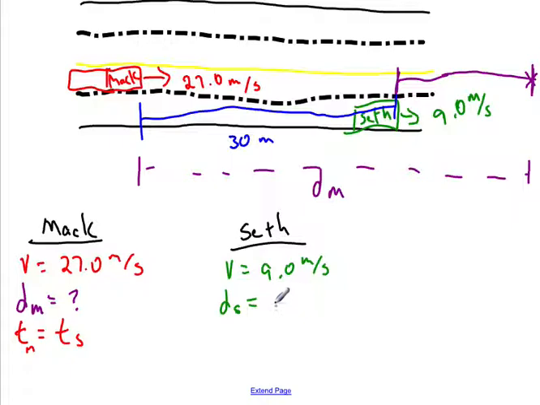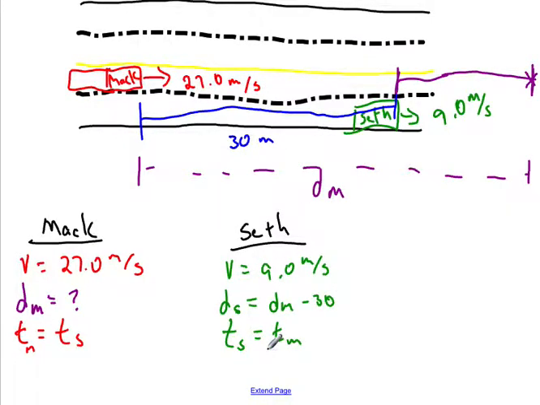He already has a 30-meter lead on him. Or you could have said that the distance that Mac goes is the same as Seth's plus 30. You could say it. And then the time of Seth, do we know it? No, but we know it's the same as Mac's, right?